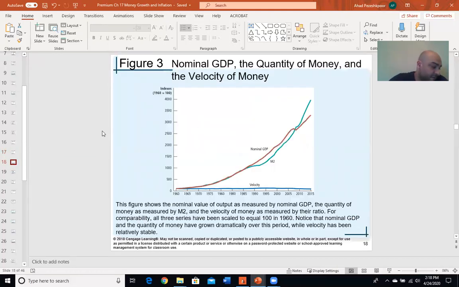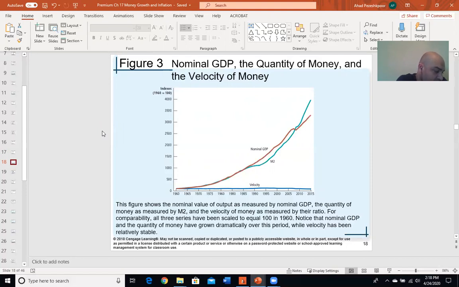Now, here we can see the nominal GDP, the quantity of money, and the velocity of money. As you can see, nominal GDP and the quantity of money as measured by M2 from chapter 16. If you remember, we had M1 and M2. M2 and nominal GDP are pretty close to each other.